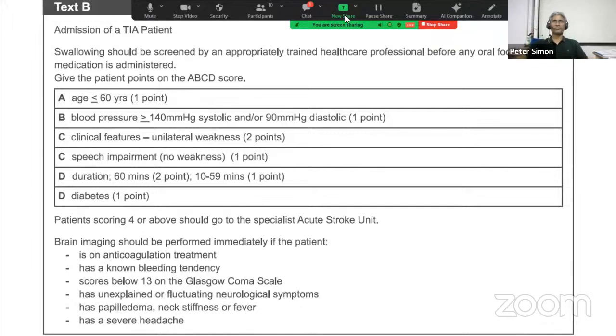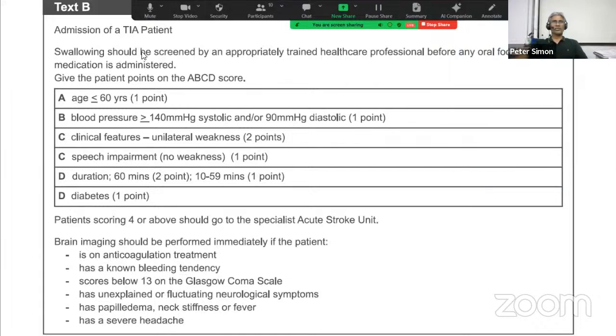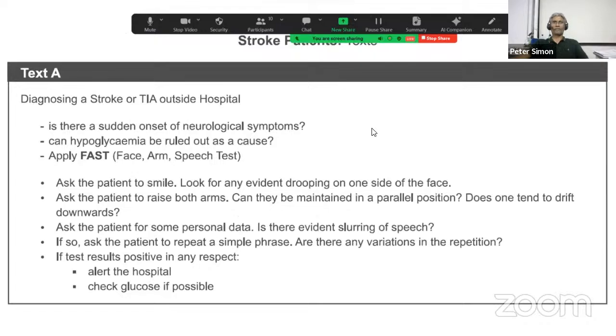So first line: Swallowing should be screened by an appropriately trained health professional before any oral food, fluid or medication is administered. So this is nothing related to here, I think. Okay, now let us see. The other three students said A. So let us go to A.